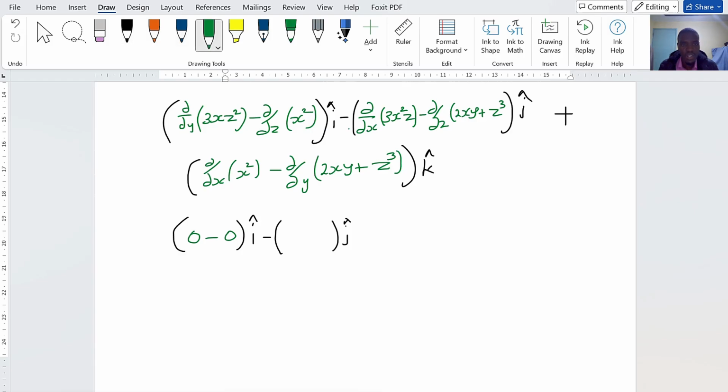Then let's have j. Okay, now j, d/dx, we have x here. Of course, this will be 6. 2 times 3, 6. Then x, z remain untouched. Minus d/dz, here again, we have 0. Why do we have 0? Because z is not in the first term.